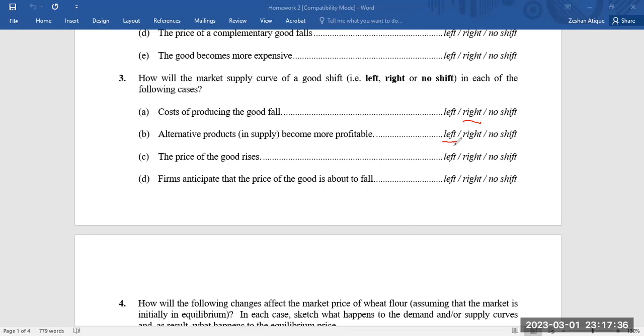Similarly, the price of the good is one of the main determinants of the quantity supplied, and you define the law of supply with the price of the good, so there is no shifting of the curve in this case; you get a movement along the curve. Similarly, if firms anticipate the price of the good is about to fall, in the current period they will increase the supply right now to get the most benefit from the market.